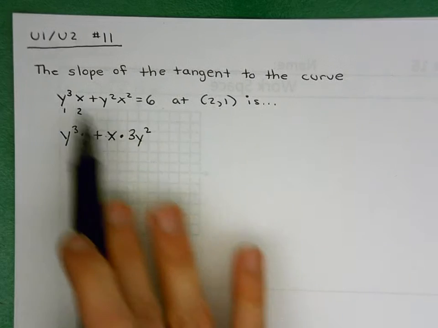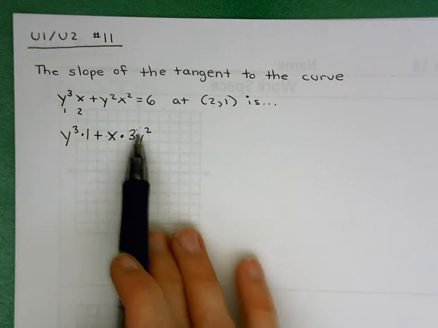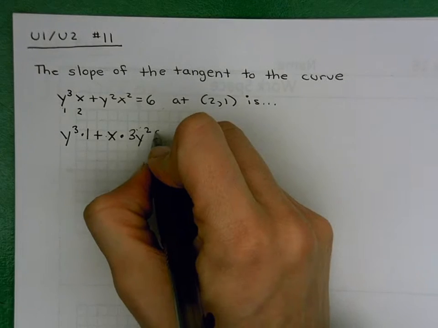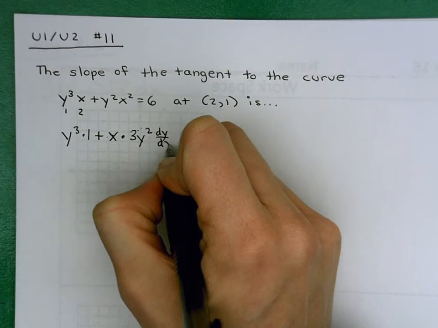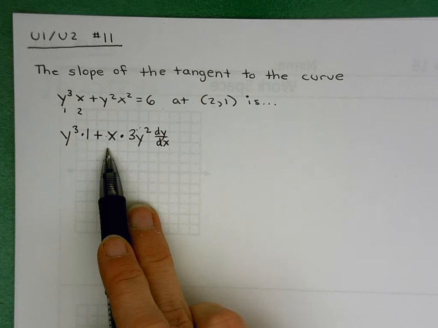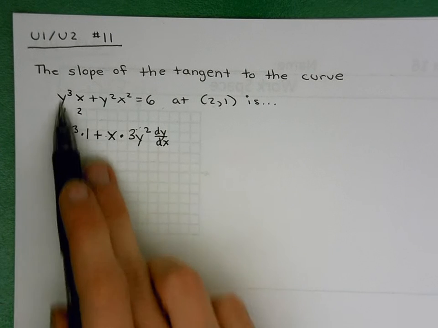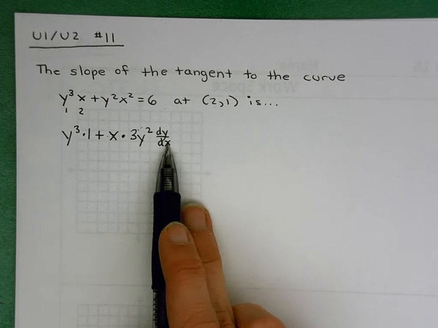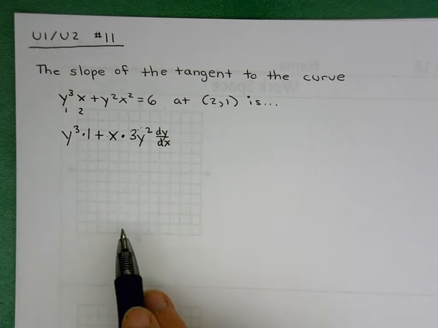And then because we're taking the derivative of a y right here with my d1, I need to tack on a dy dx at the back, acknowledging the fact that I'm working with a y instead of the x that I wish I was working with. Right? So again, this product rule, 1 d2 plus 2 d1, don't forget the dy dx.